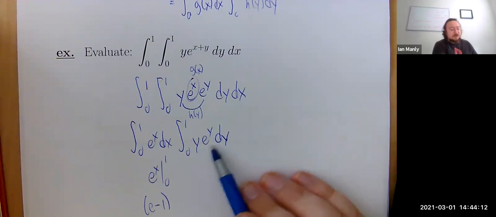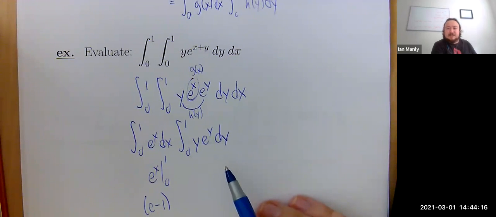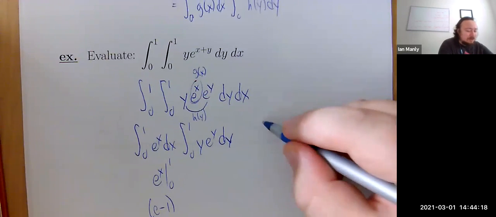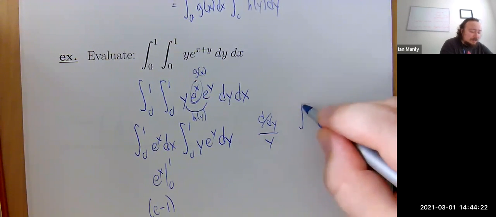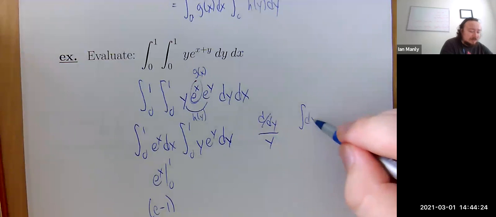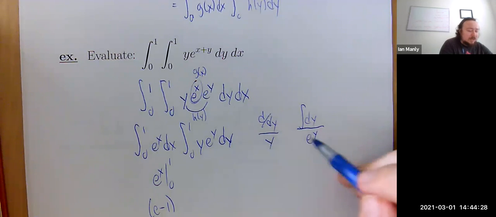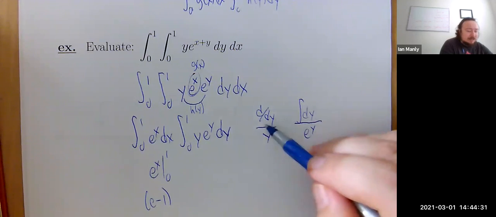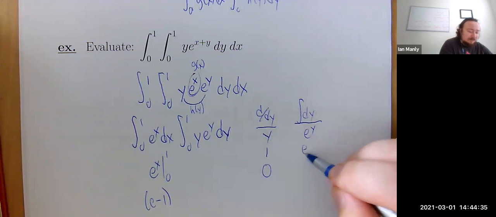All right. Oh, it has been a while since we've done an IBP in here. I think we did one maybe at the end of the first section. I don't remember. Let's go ahead and review how to do this. I'm going to use the tabular method because it's a polynomial times an exponential. So I have my y here, my e to the y here, and I do derivatives, and then I get to 0 here.